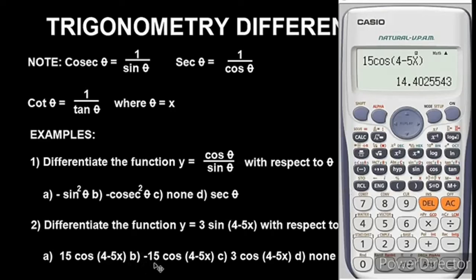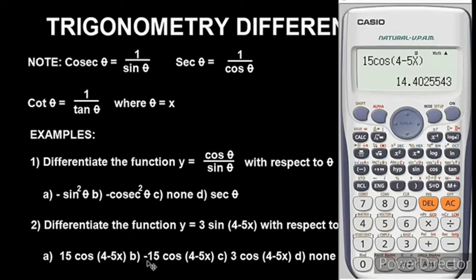The values we have for option B are the same as for option A. The only difference is that option B has a negative sign. So we don't need to evaluate option B again, since it already has the minus sign. So the answer to this question is option B.